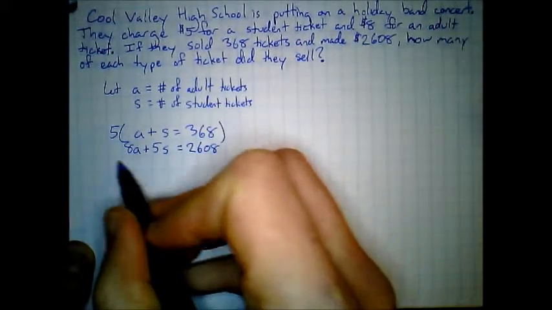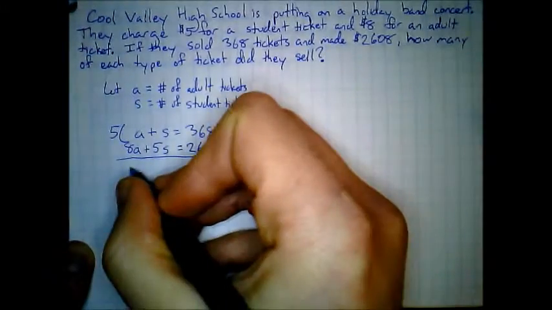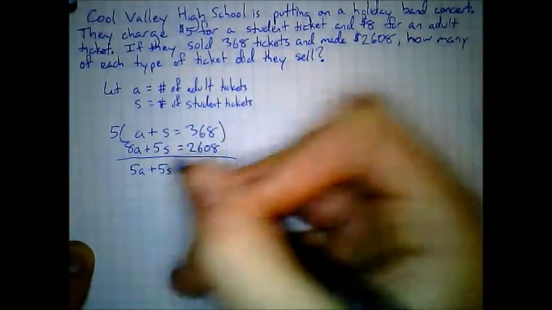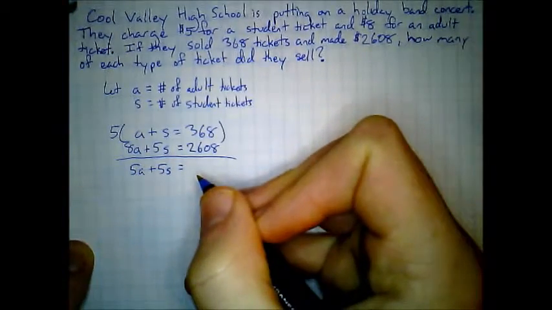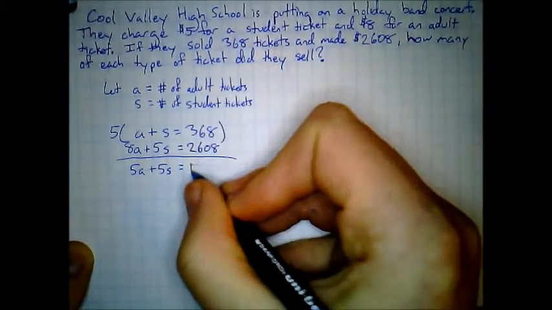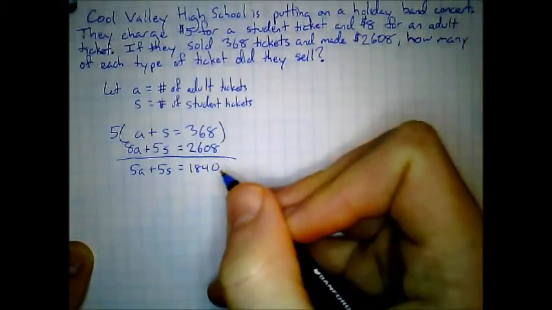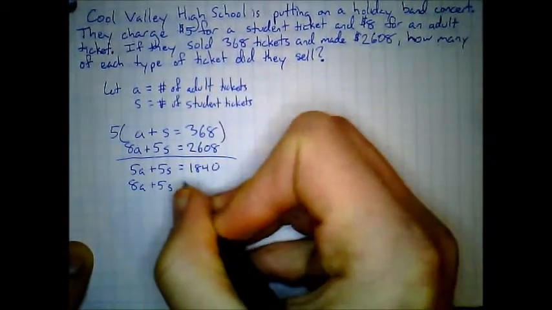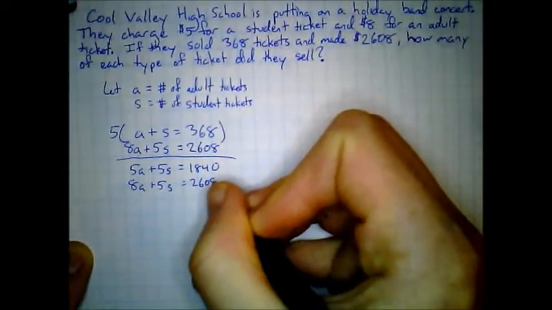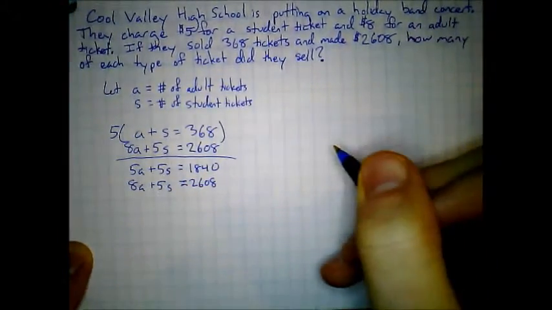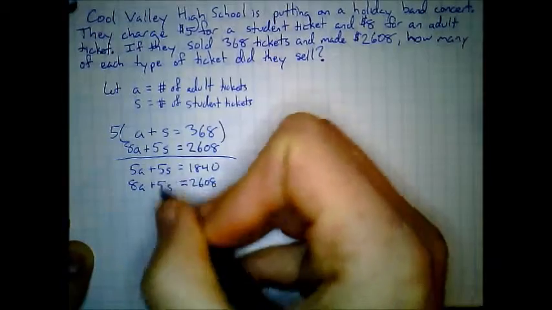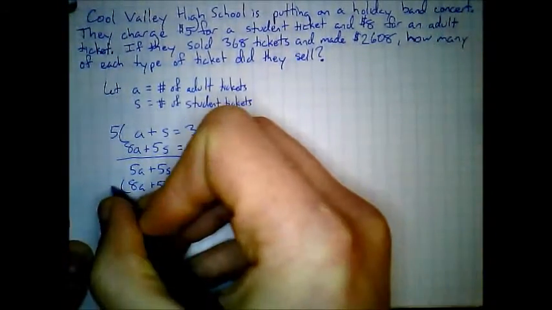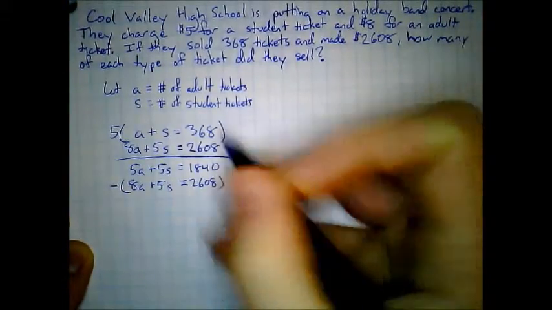Okay, so 5 times A is 5A, 5 times S is 5S, and 5 times 368 is 1,840. My second equation stays the same. Okay, now my S's match up. I could eliminate my S variable by subtracting these two equations.